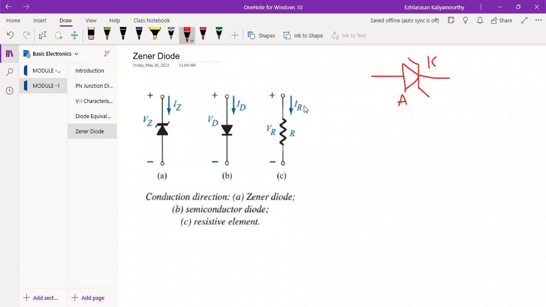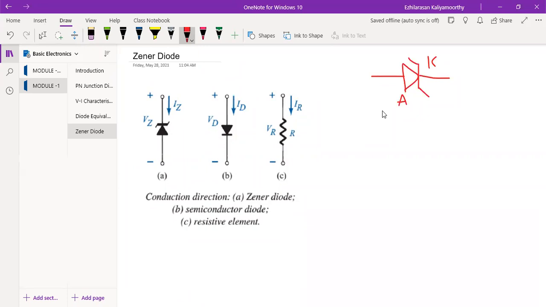However, unlike the conventional diode, which blocks any flow of current through itself when reverse biased, as we know, the PN junction diode will conduct only during forward bias. During reverse bias it doesn't conduct, it blocks the current.